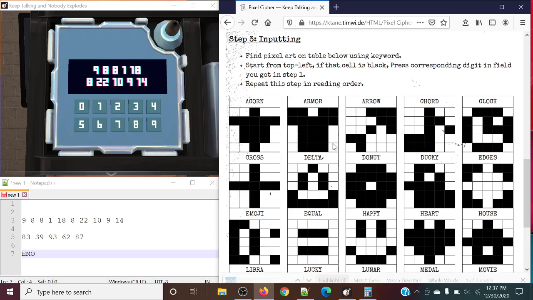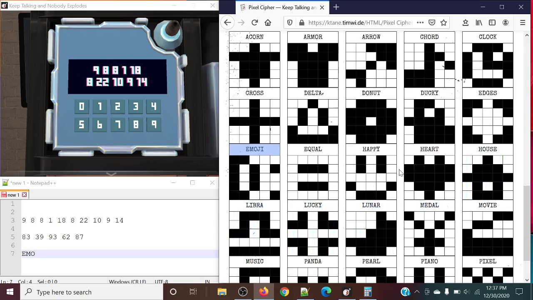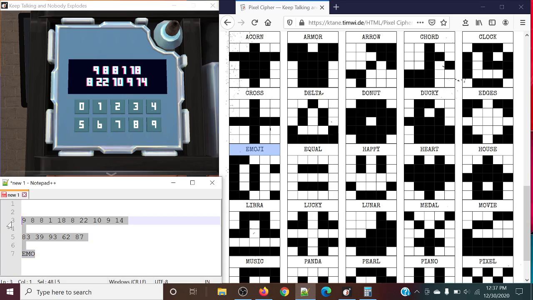And from what we've already seen, EMO is emoji, and there's no other ones with the first 3 letters. So actually, you can figure out, in most cases, just by the first 3 characters, what image you're going to be looking at. So we figured out that it is indeed emoji.